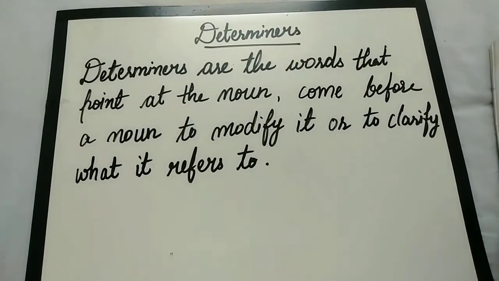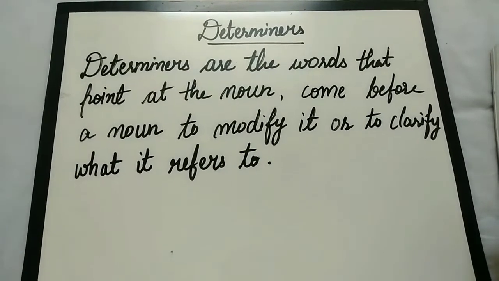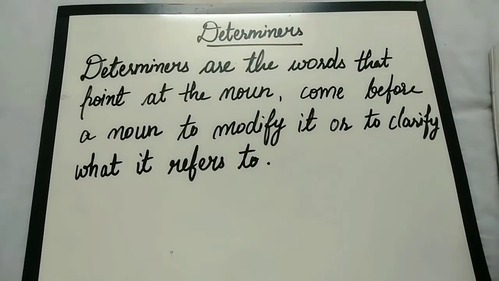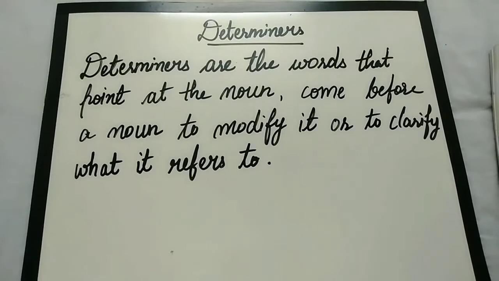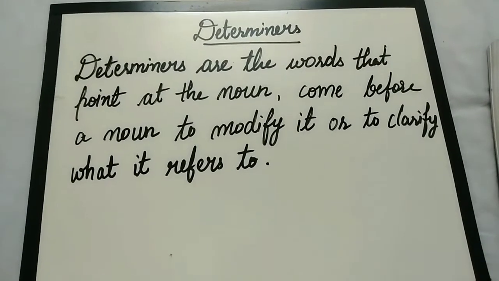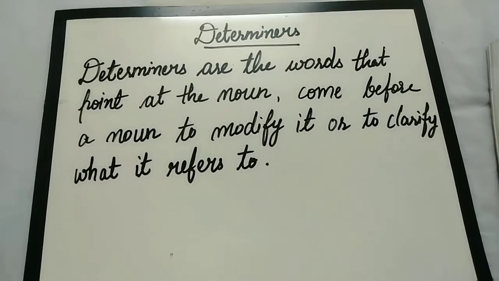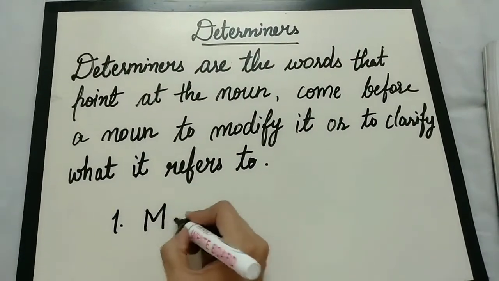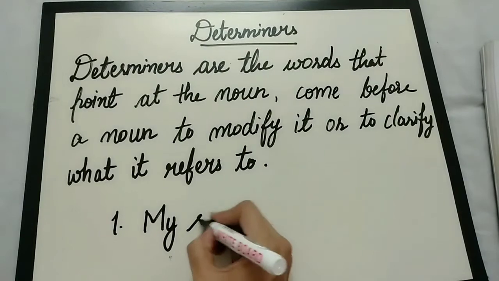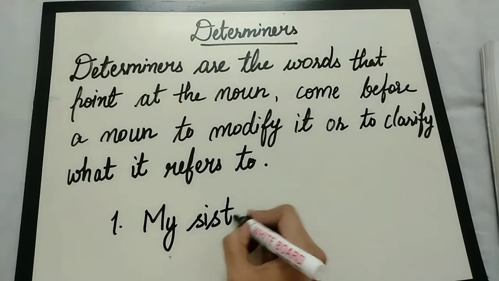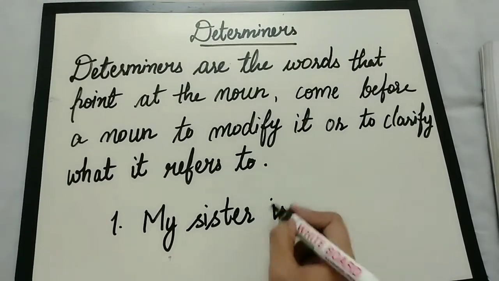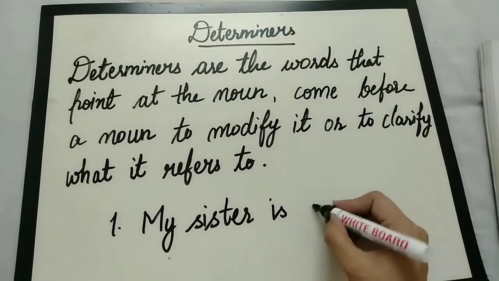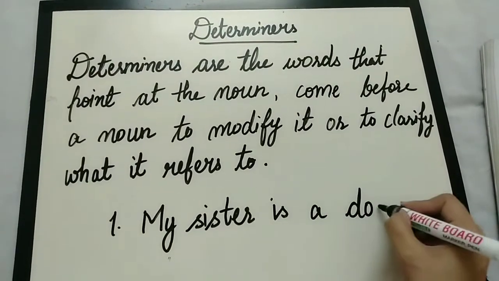So determiners are the words that point at the noun, and come before a noun to modify it or to clarify what it refers to. Let's take one more example. My sister is a doctor.